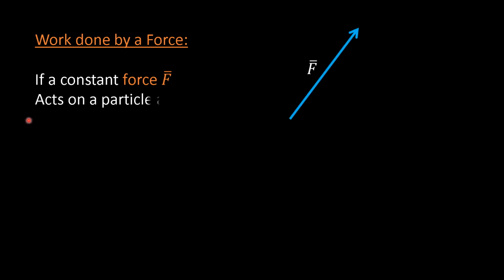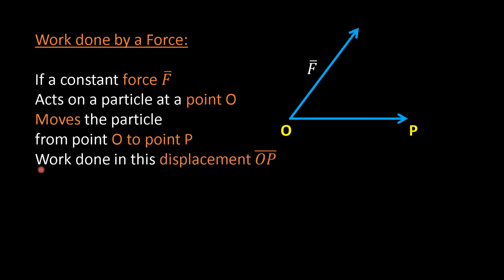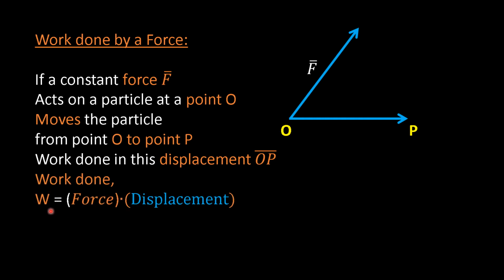Work done by a force. If a constant force F bar, this one, acts on a particle at a point O and moves the particle from point O to point P, then work done in this displacement OP bar will be W equals force multiplied by displacement.